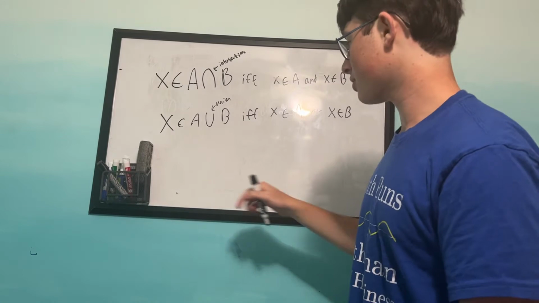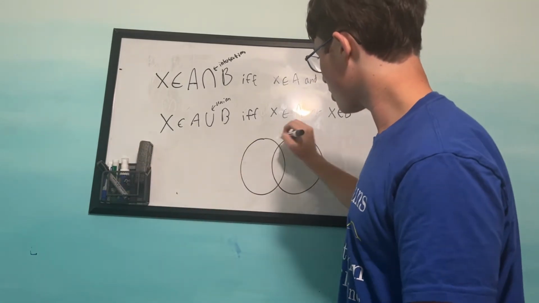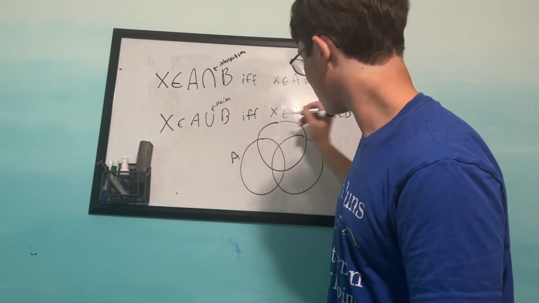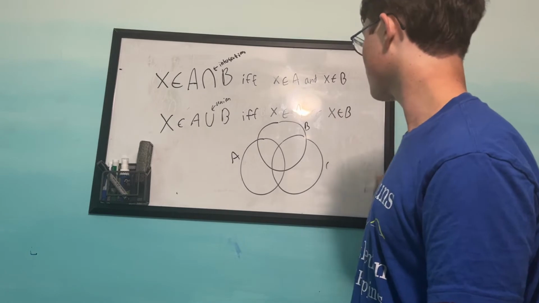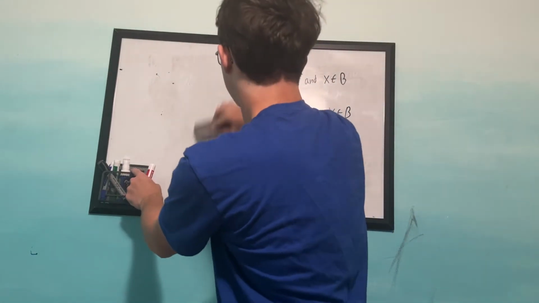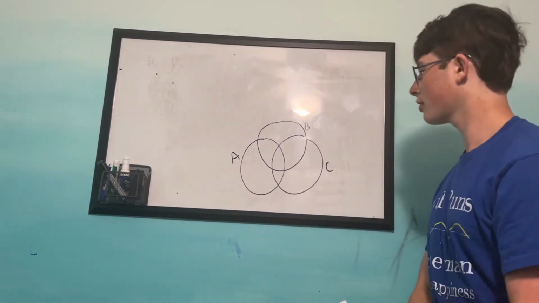So a way to visualize this, let's say set A, actually we'll do three. So we'll have sets A, B, and C. Erase this stuff up here. It's getting a little bit crowded on the whiteboard.